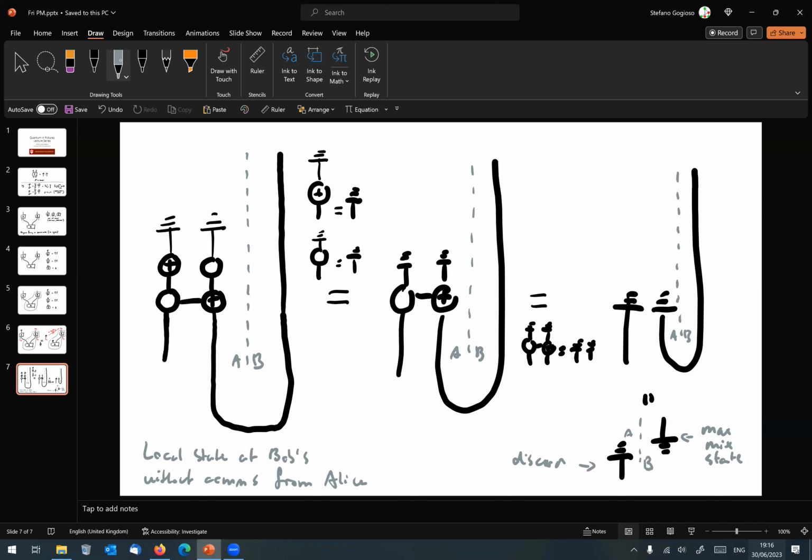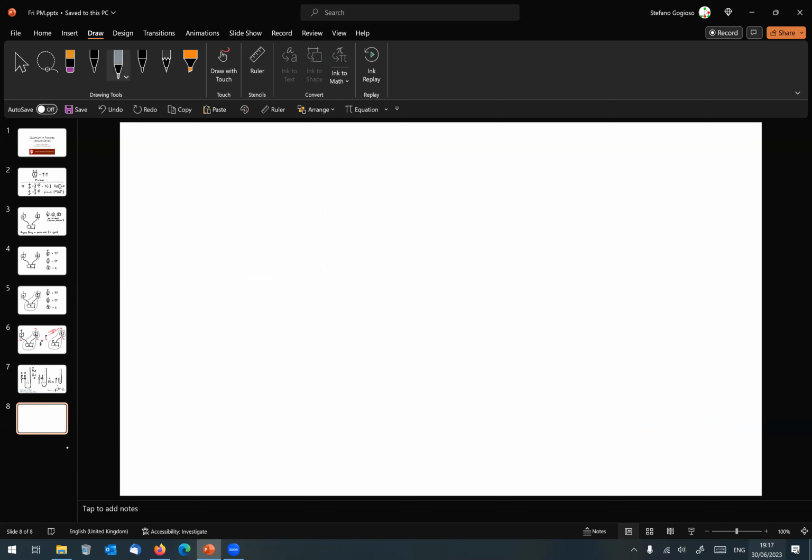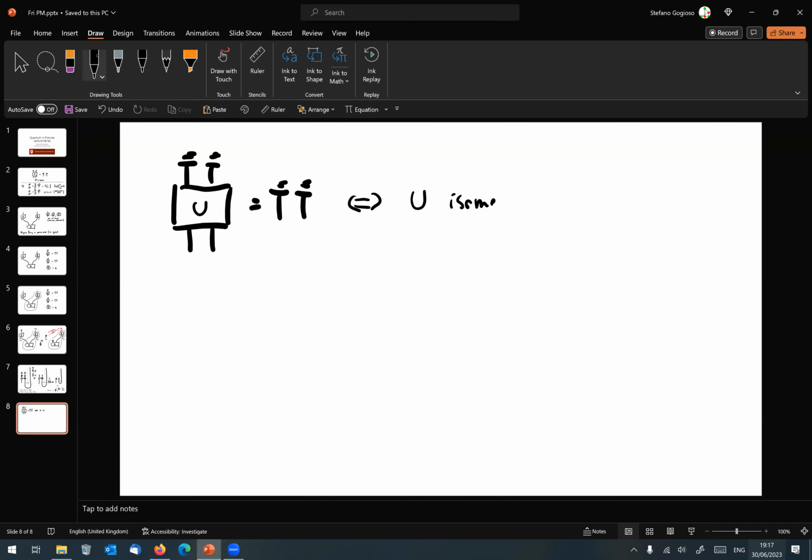So let's look at a few examples of things that get discarded in quantum theory. So first things first, I'm going to claim that if I have a map that is just doubled and discarding it, and it is causal, so it's a pure map, U, which is causal, this is if and only if U is an isometry, i.e. if and only if U is inverted by U dagger.